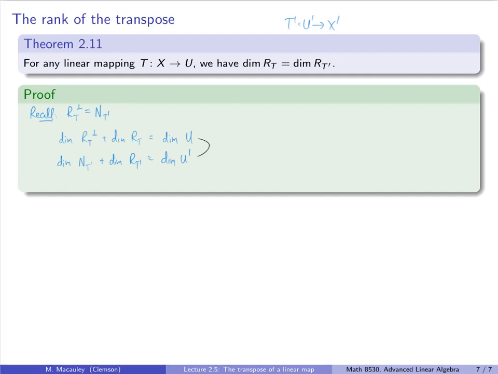Now we know that these two things are equal. The dimension of any finite dimensional space is equal to the dimension of its dual. And of course, these two things are equal because they are not just equal in dimension, but they are the same space.